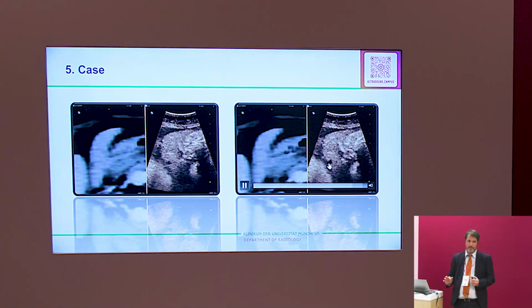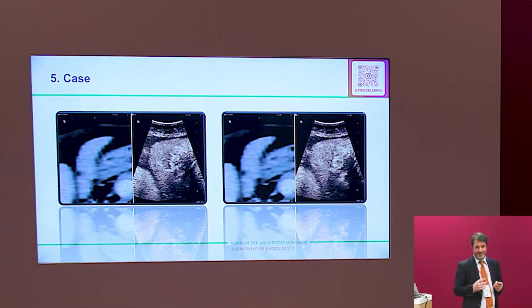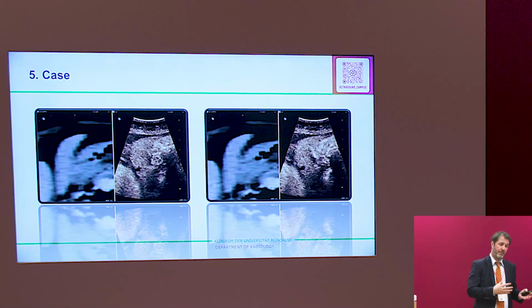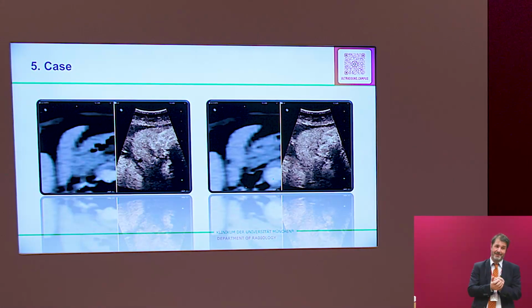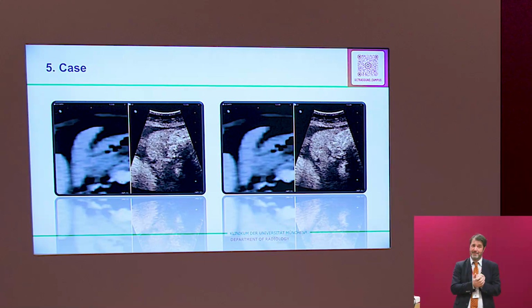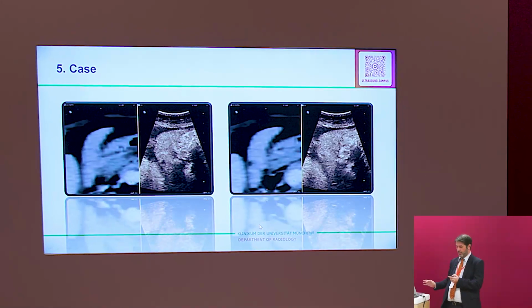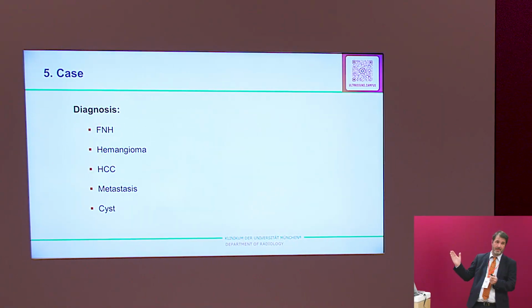Yeah. Remember, we have got a blood pool contrast agent. So our contrast agent is only going to a lesion which is alive. A cyst is not alive, it has liquid inside. So that's the reason why it's black. So probably you will make the correct diagnosis, I'm absolutely sure.